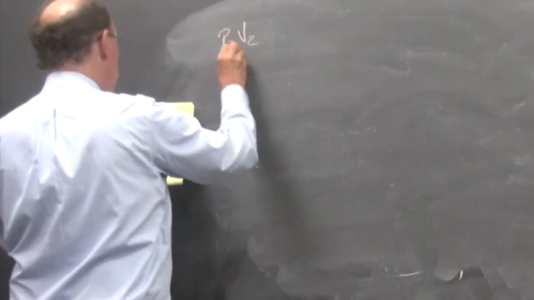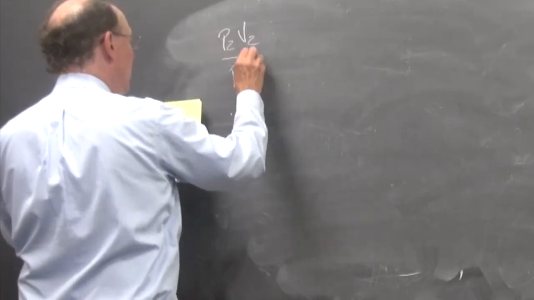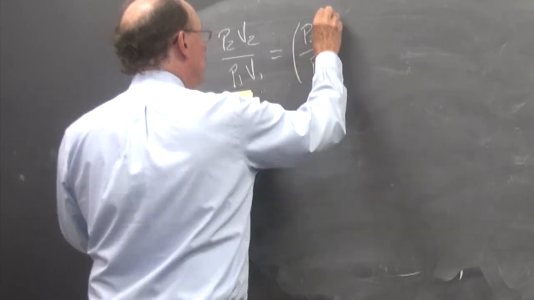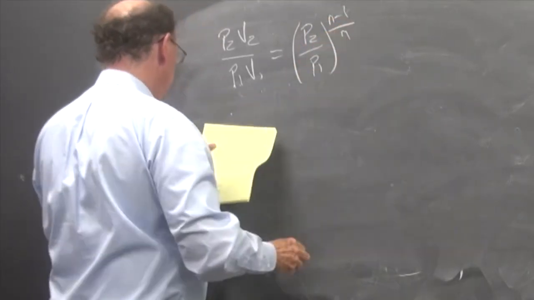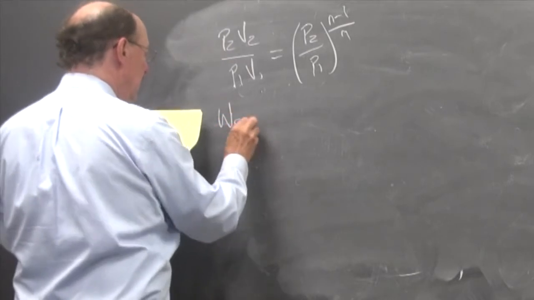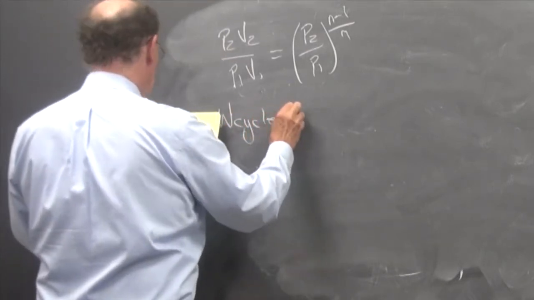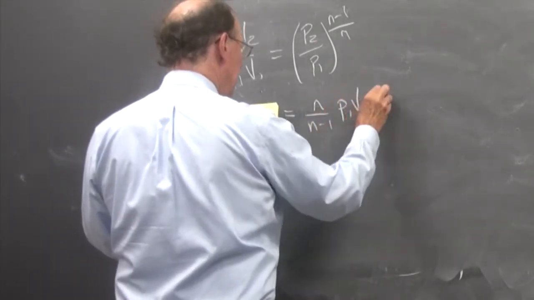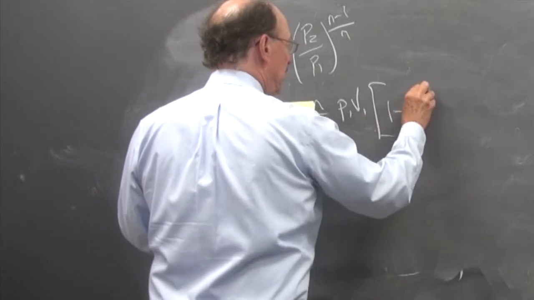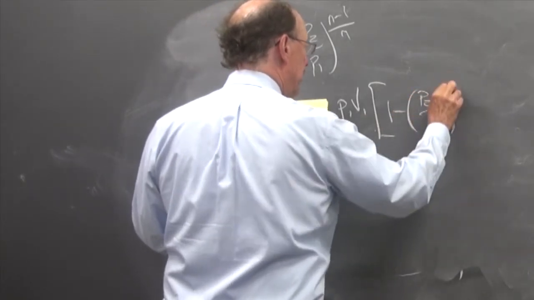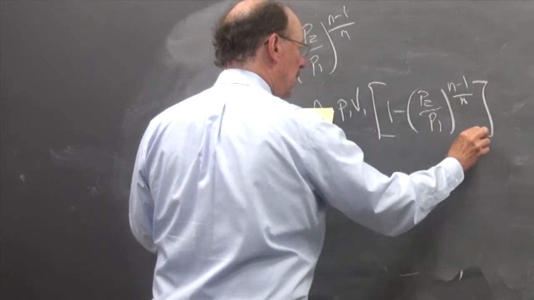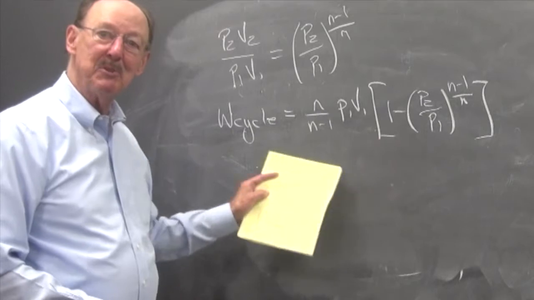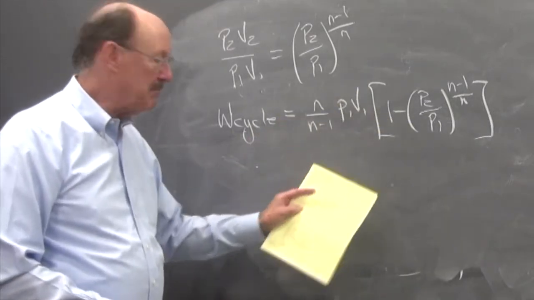P2 V2 over P1 V1 is equal to P2 over P1 to the n minus 1 over n. So the work for a cycle is equal to n over n minus 1 times P1 V1 times 1 minus P2 over P1 to the n minus 1 over n. This looks familiar from chapter 6.